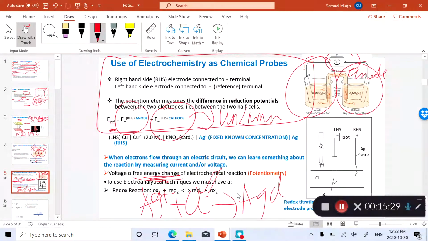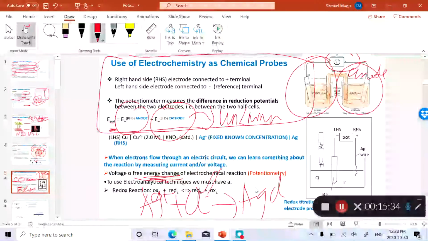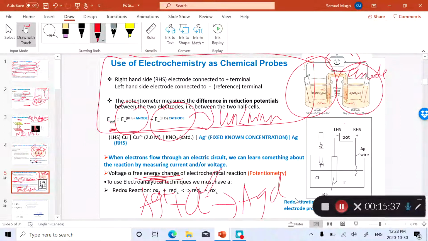And we said the end point can be determined using color indicators, but you can also use a chemical probe that can measure silver, so a silver chemical probe can be used for redox titrations such as that.